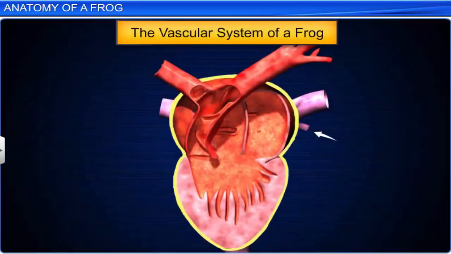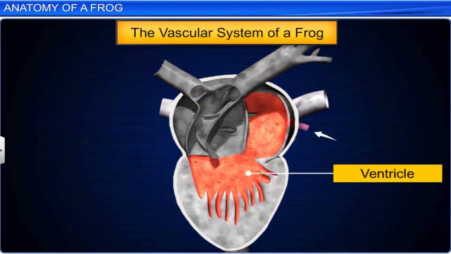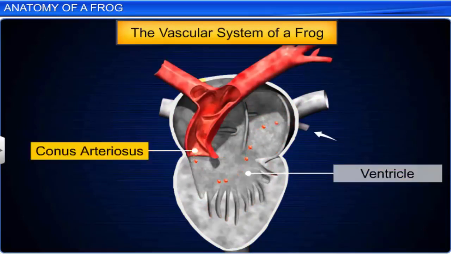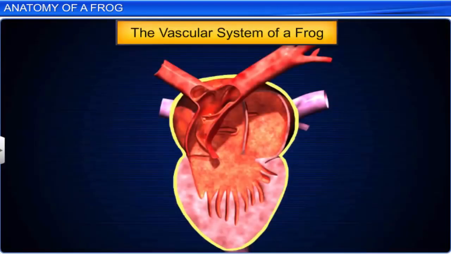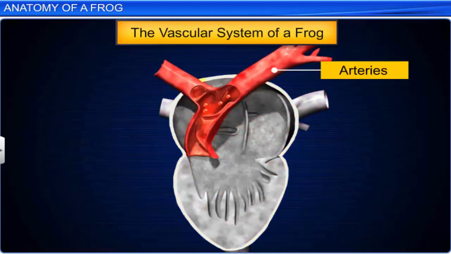The oxygenated blood is then pumped into the ventricle, which opens into a sac-like structure called the conus arteriosus, after which it is distributed to different parts of the body by arteries of the arterial system.